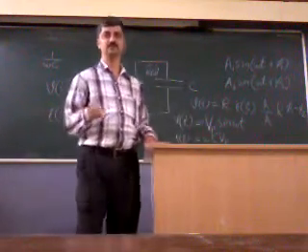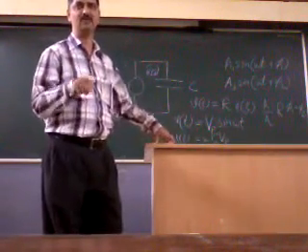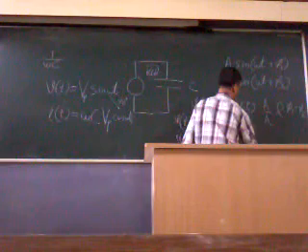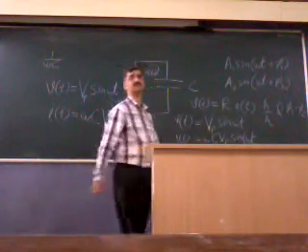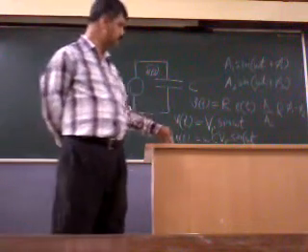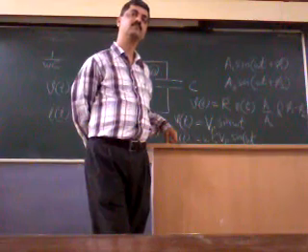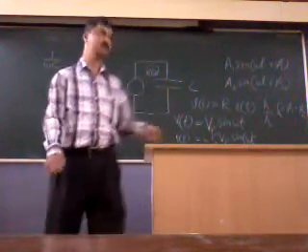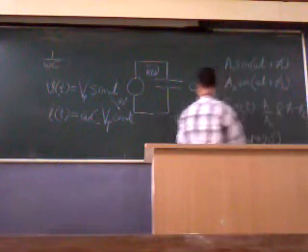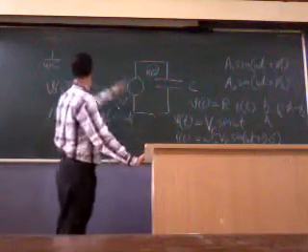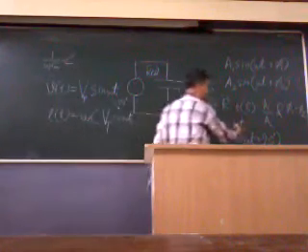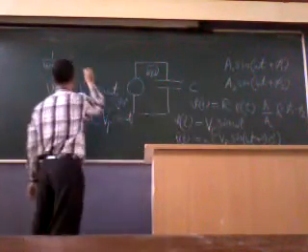Can I write cos omega t as sine of omega t plus 90? Then what is the ratio? The ratio is 1 upon omega c, and angle: omega t plus 0 and angle omega t plus 90, so the phase is minus 90.